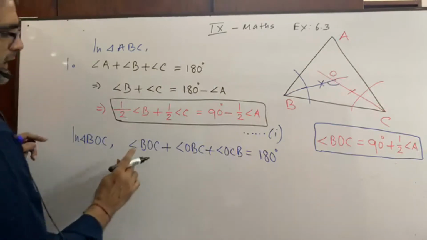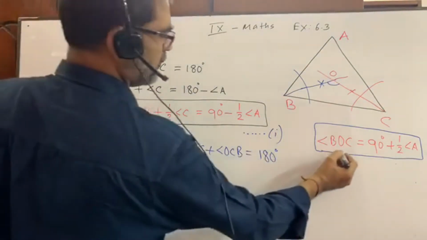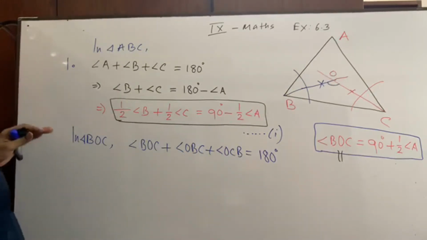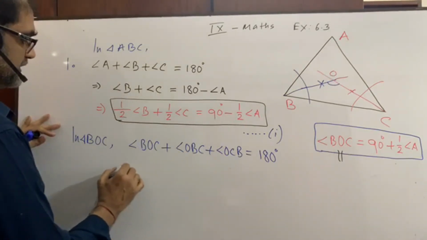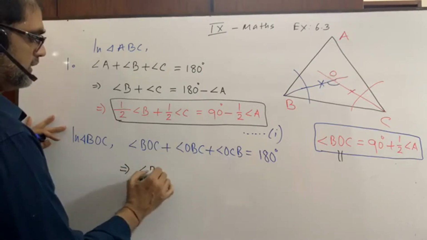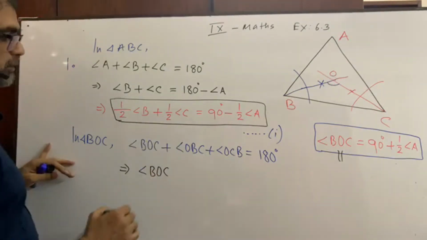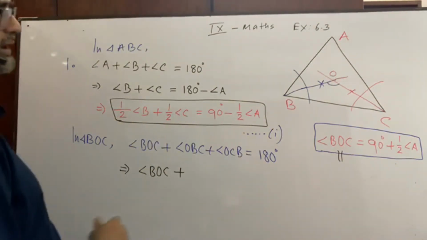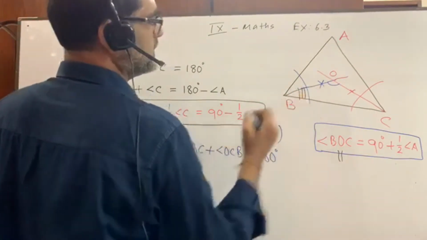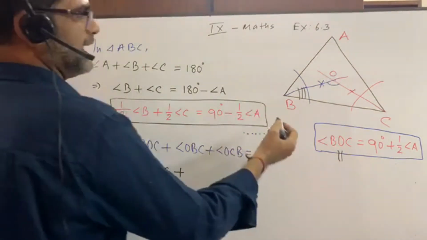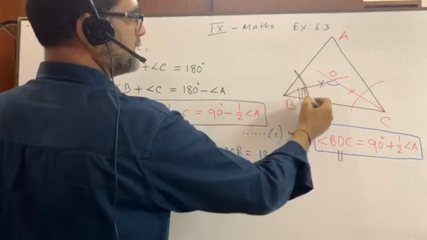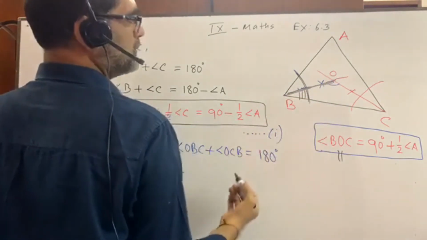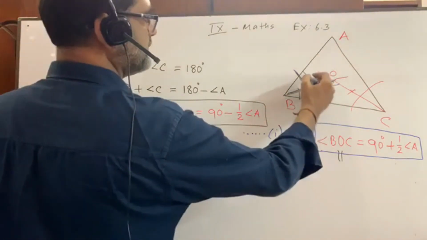Now you see what I am going to do. Here we have to find this angle BOC, so we don't have any working on this. It is to be kept as it is: angle BOC plus angle OBC. Now what is angle OBC? As BO is the bisector of angle B, we conclude that this angle and this angle are equal.